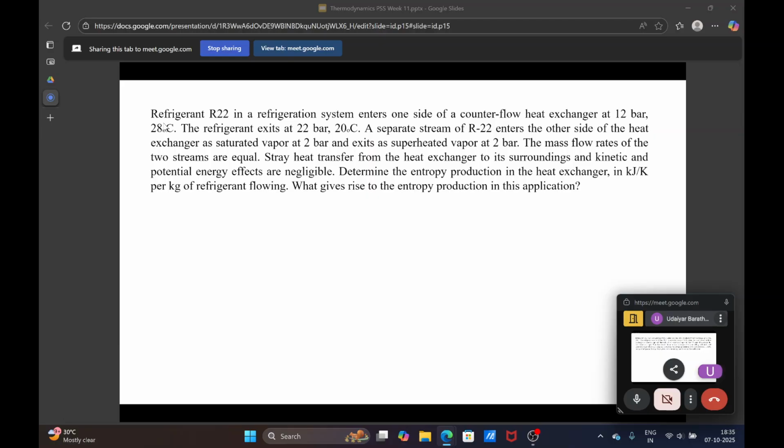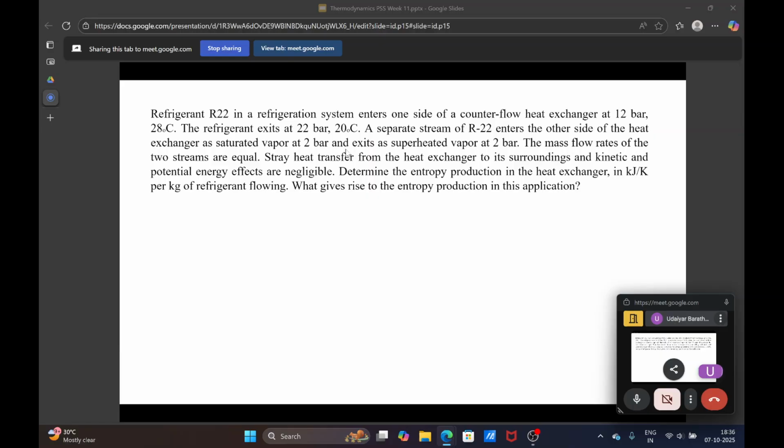So next question. A refrigerant R22 in a refrigeration system enters one side of a counterflow heat exchanger at 12 bar and 28 degrees Celsius. The refrigerant exits at 22 bar and 20 degrees Celsius. A separate stream of R22 enters the other side of the heat exchanger as a saturated vapor at 2 bar and exits as a saturated vapor at 2 bar.